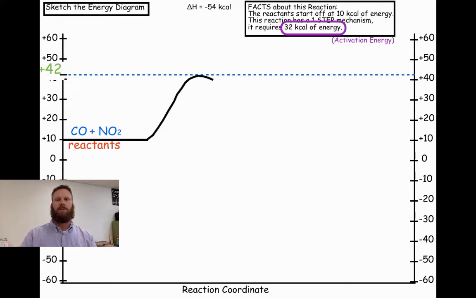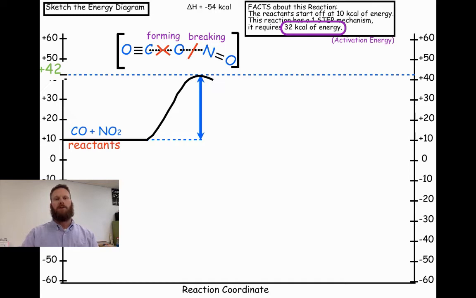The peak represents the activated complex. When a molecule of CO and NO2 collide appropriately with 42 kcals of energy, the activated complex will form. Remember, the activation energy is the energy of the activated complex, the highest hill on the energy level diagram, minus the energy of the reactants.